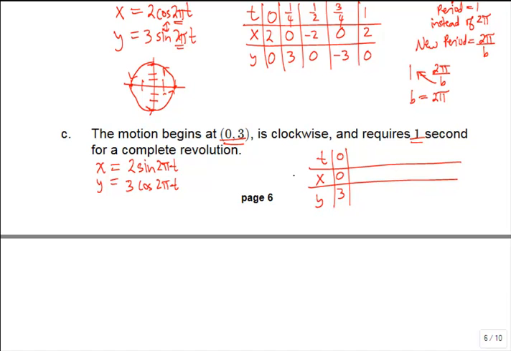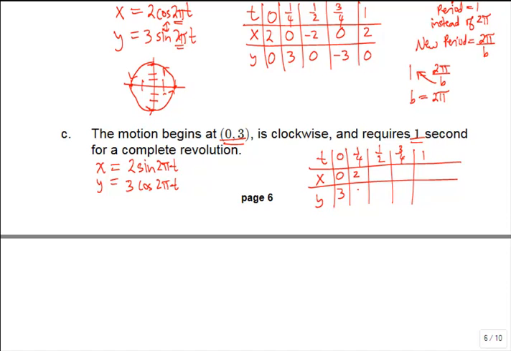Okay, let's see if the other restrictions here that we wanted are still going to be maintained. Let's let t be 1/4, 1/2, 3/4, and 1. Now if t is 1/4, 2 pi times a fourth reduces to pi over 2. Sine of pi over 2 is 1, and 1 times 2 is 2. 2 pi times a fourth is pi over 2.